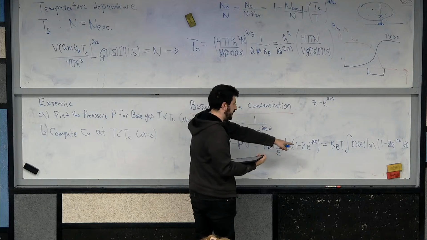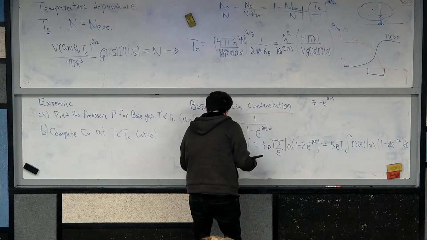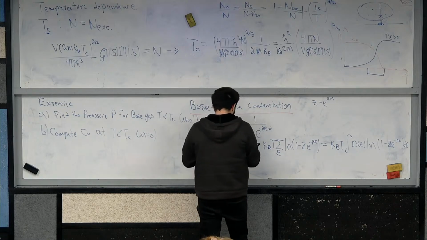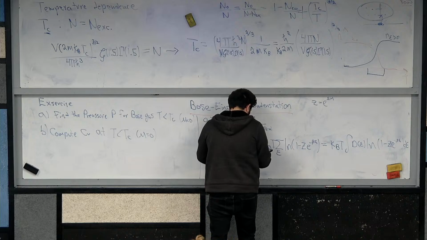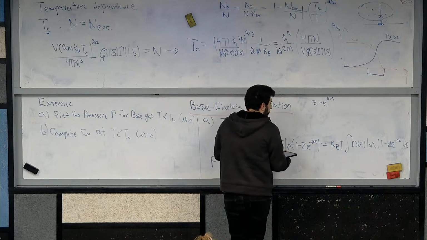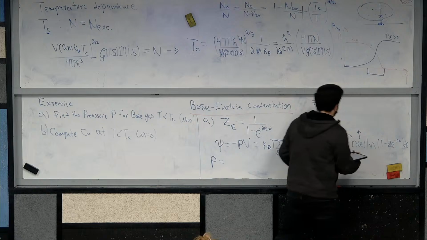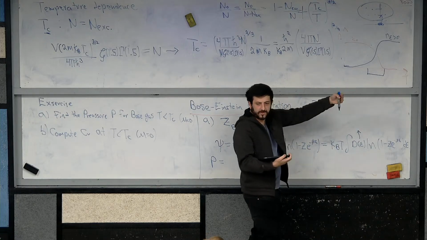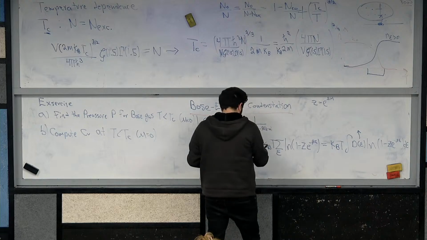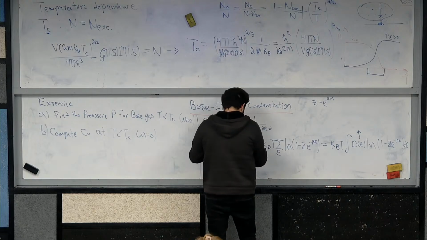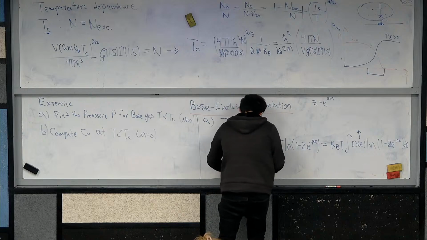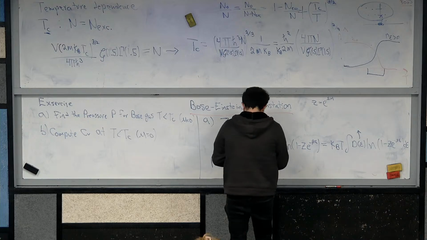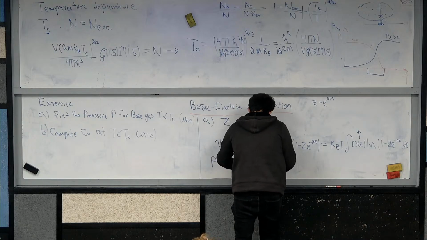So from here we can actually get the pressure. In this density of states we need to include the fact that we are dealing with a Bose condensation, right? So in other words, we need to separate the integral, so it's kBT over V, right?